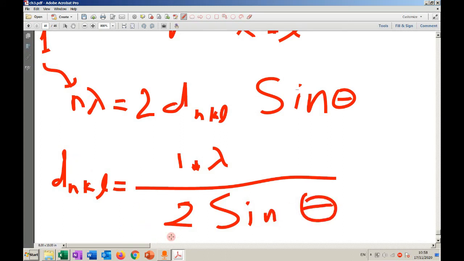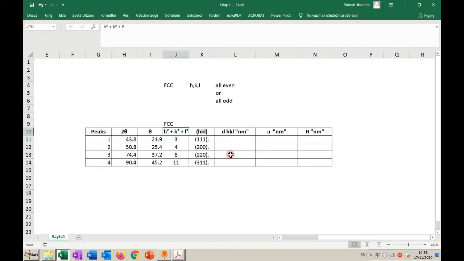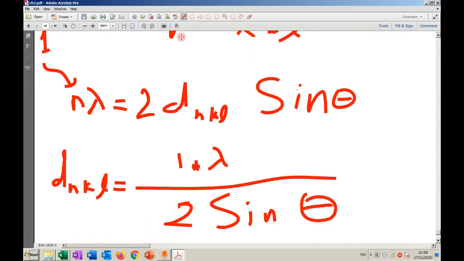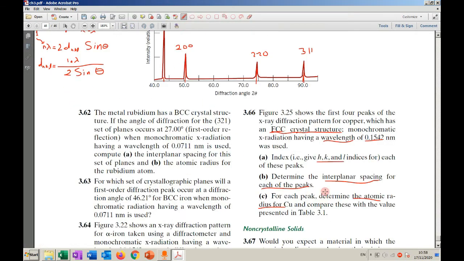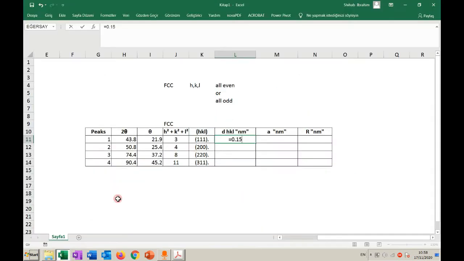Well, we can calculate them, because we have lambda. Lambda is given to be 0.1542, divided by 2 times sine theta.